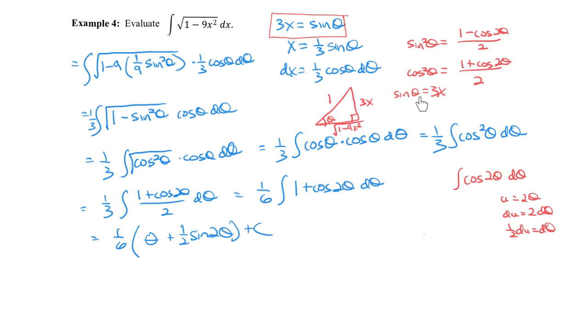Well, sine of theta is 3x, so to find theta, I take the inverse sine of each side. The inverse sine of sine of theta would just be theta, so I'm going to get theta equals the inverse sine of 3x. So that's what I put right here. Okay, so this is going to be equals 1/6.